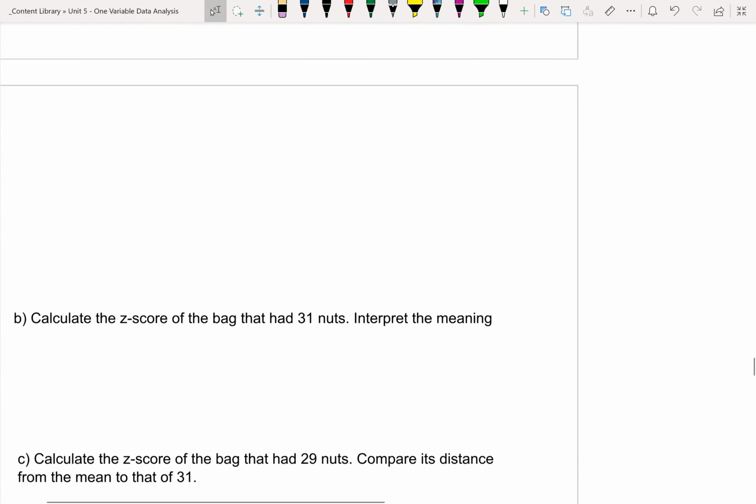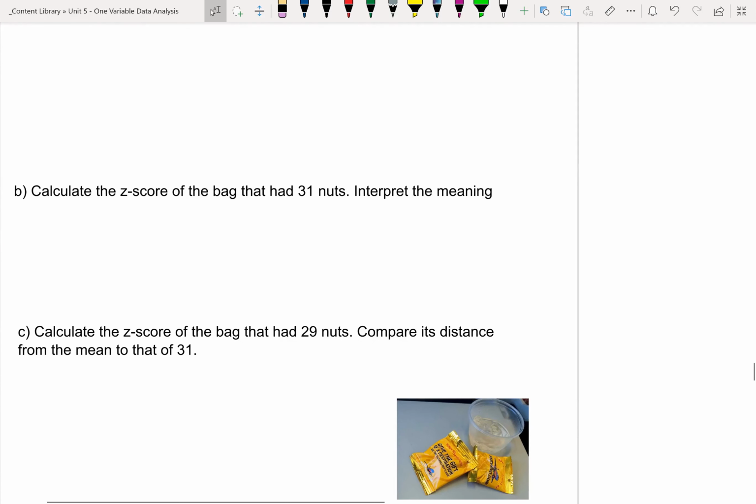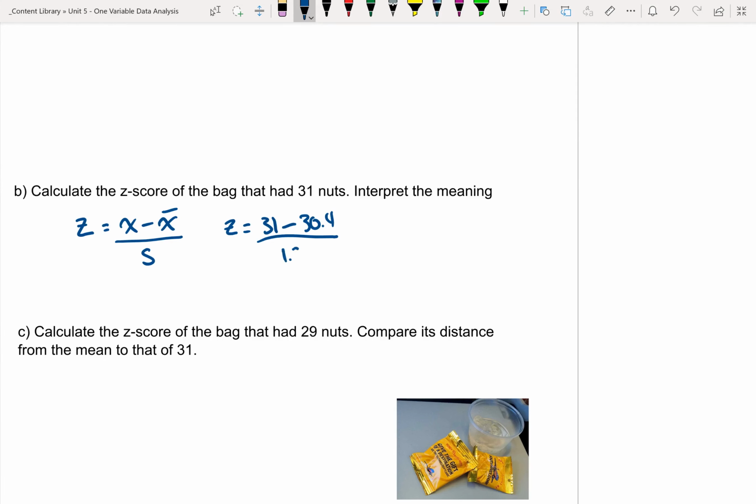What we want to do now is calculate the z-score of a bag that had 31 nuts and interpret the meaning. So if I use my z-score, it is x minus x bar, or the mean, over the standard deviation. So we have z is equal to 31 minus 30.4 divided by 1.2.